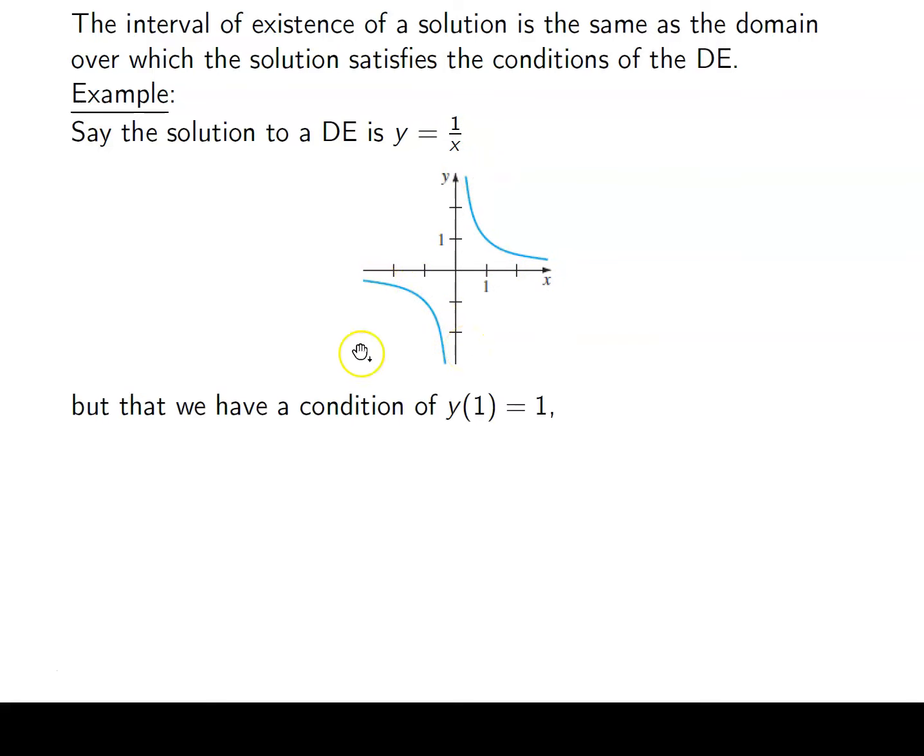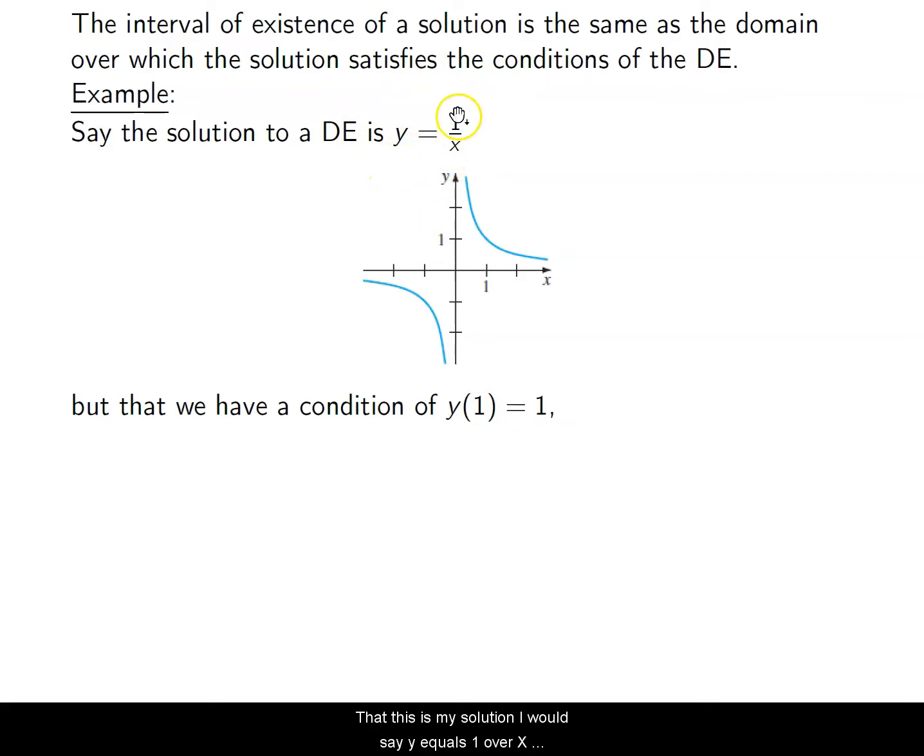Let's say that I have a condition that I need my function to satisfy this point, (1, 1). Well, if that's true, then the portion of this that works is this portion that's in quadrant 1. This part does not work as a solution because it doesn't satisfy my condition. So I would not say that this is my solution.